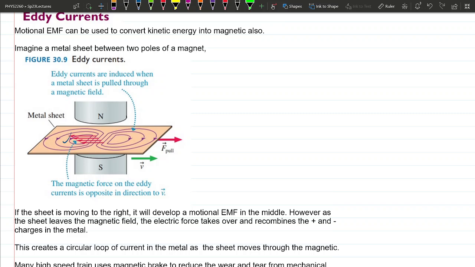Similarly, the current is also going upward in this little eddy, so there's also a force trying to pull it to the left. If I'm trying to pull this board out of the magnetic field, it's going to resist the pulling, okay?